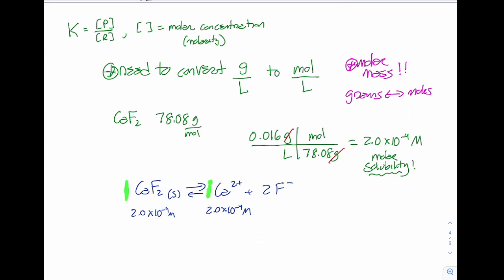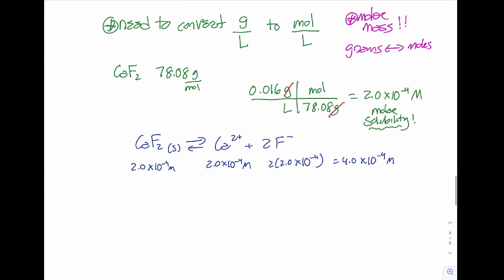For every one of these, there's one of these. And then fluoride is going to be 2 times that, which is 4.0 times 10 to the -4th molar. Right, and we're multiplying it by 2 because it's a 1-to-2 ratio. If you wanted to set it up using dimensional analysis, stoichiometry, for every 1 mole of this, there's 2 moles of this.